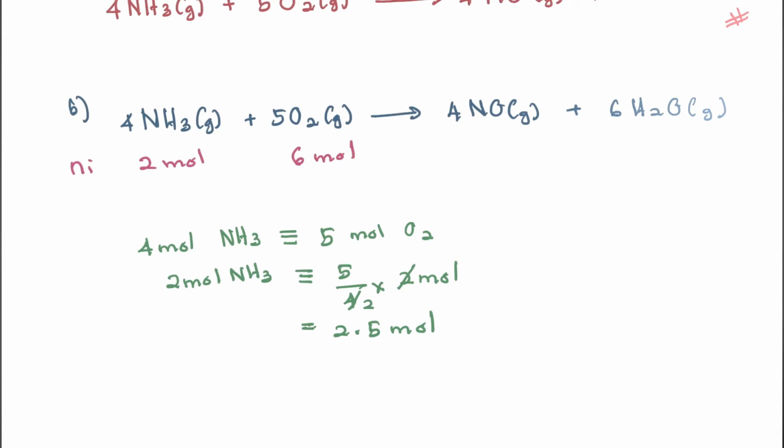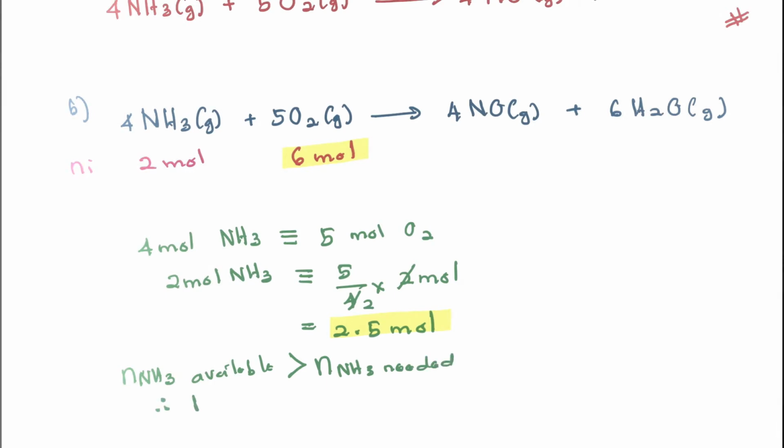If we can see, this is the number of mole needed and this is the number of mole available, meaning that ammonia is your excess reactant. So you can write: mole ammonia available is greater than mole ammonia needed.